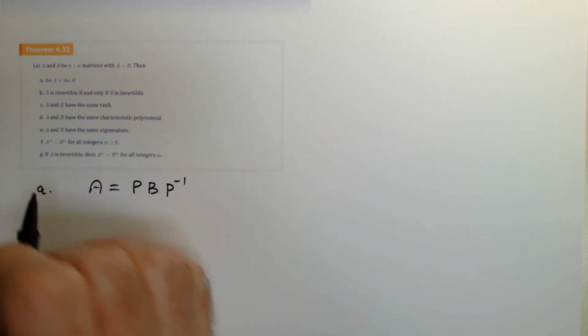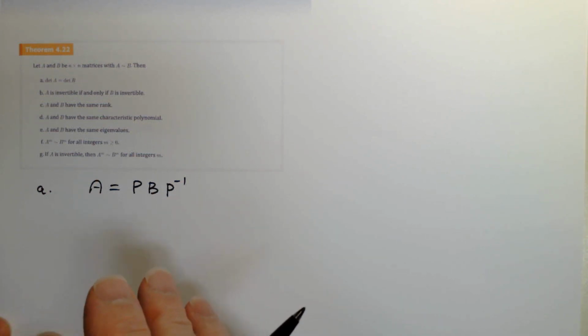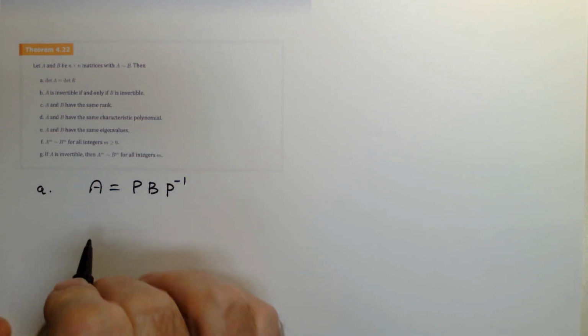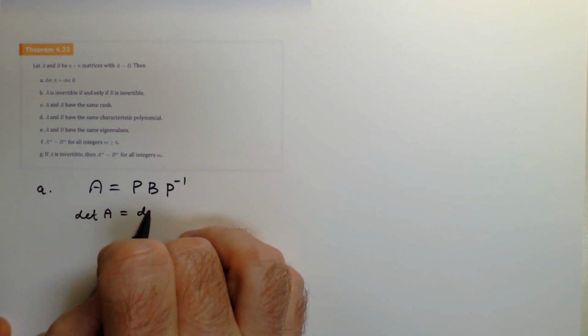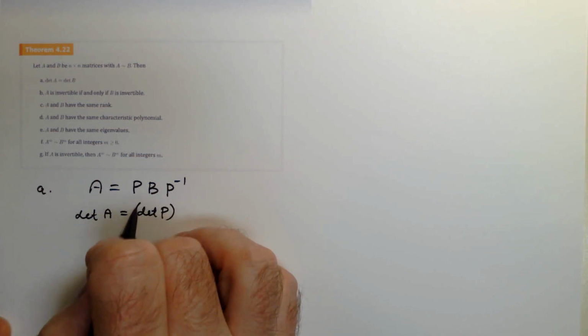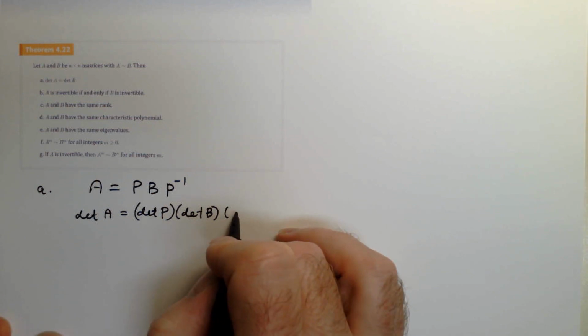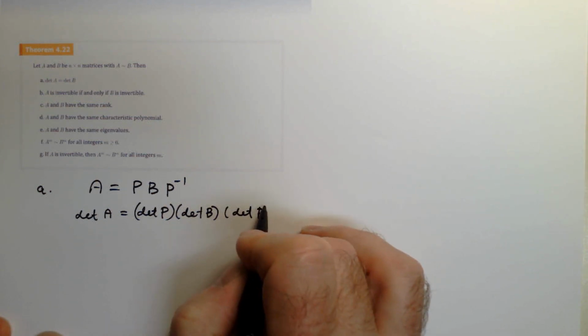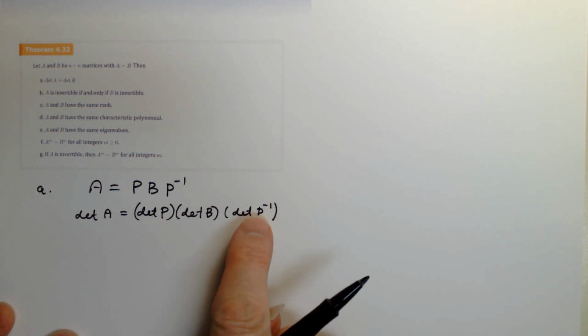Now, one property of determinants that we can use here is that the determinant of a product is the product of the determinants. And so the determinant of A can be written as the determinant of P times the determinant of B times the determinant of P inverse. And now we can use one more property of determinants.